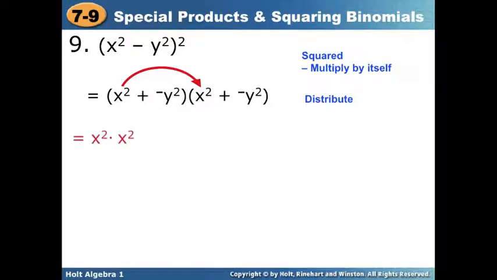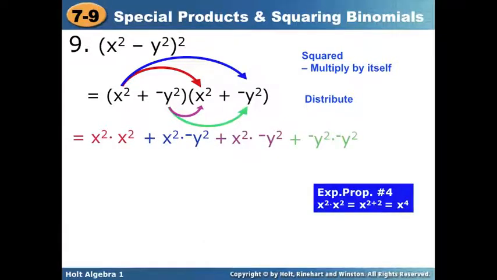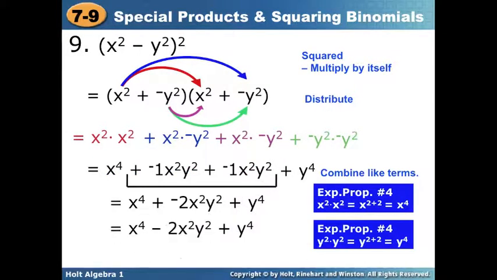Squaring means times itself, so write it out and distribute. Be especially careful with your positive and negative signs in this problem. Whew, that one could have been difficult. If you had a hard time with number 9 on your own, be sure to ask questions tomorrow during class.